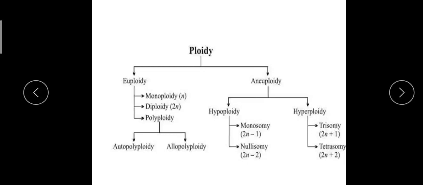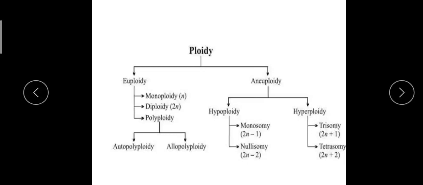But in the case of aneuploid, one chromosome may be found in addition or one chromosome may be less when compared to the gametic chromosome number. So that is the difference between euploid and aneuploid.